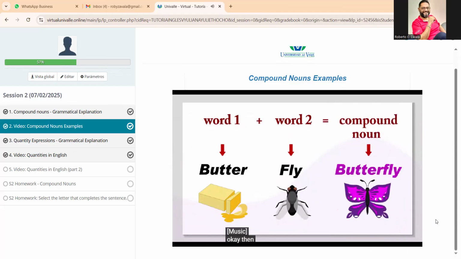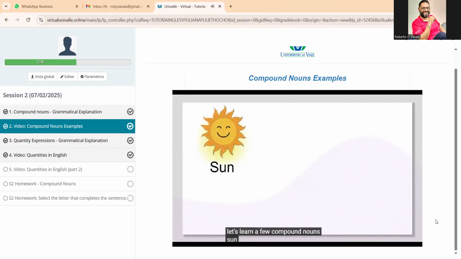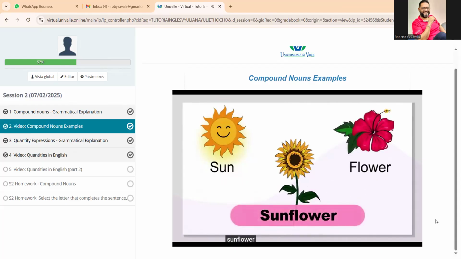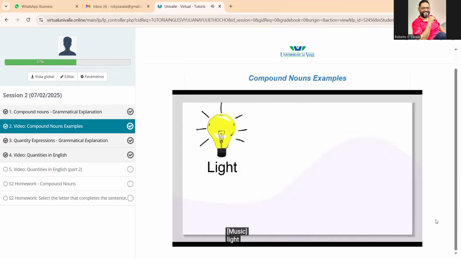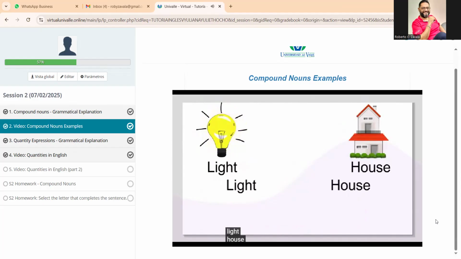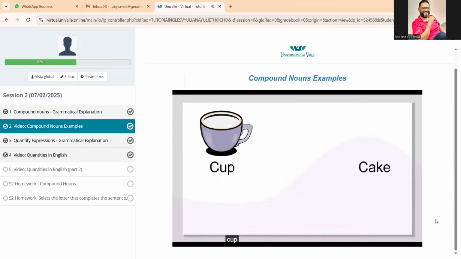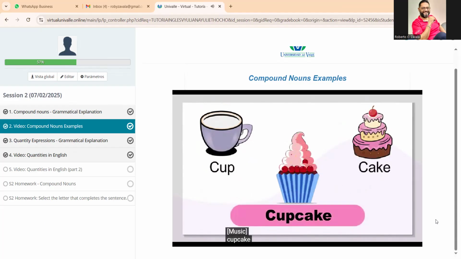Okay then, let's learn a few compound nouns. Sun, flower, sunflower. Light, house, lighthouse. Cup, cake, cupcake.